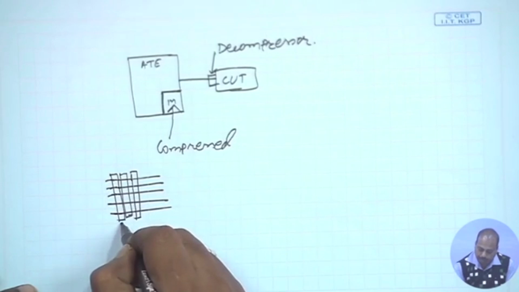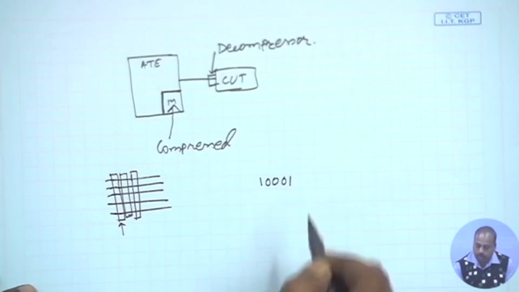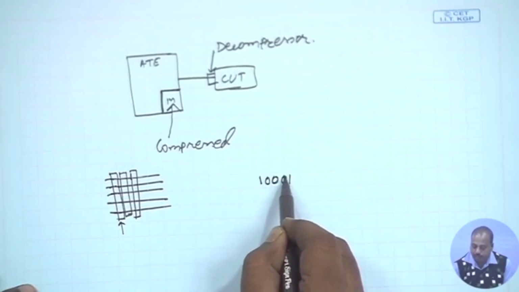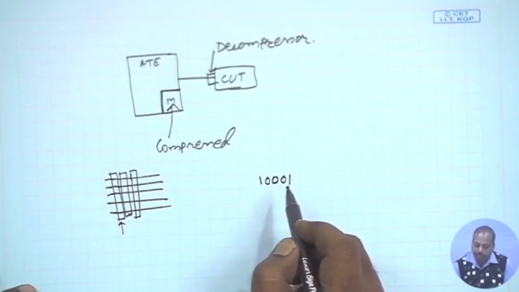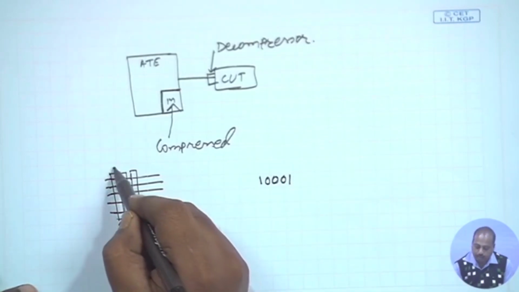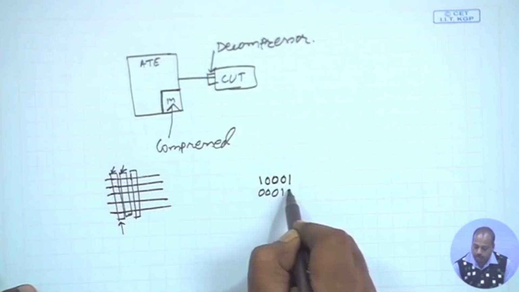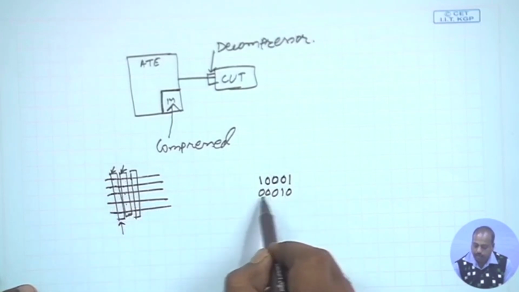If I take the first slice, maybe it is 1 0 0 0 1. That means to the first scan chain I give 1, second scan chain 0, third scan chain 0, fourth scan chain 0, and fifth scan chain 1, if there are 5 scan chains. Similarly, for the second slice, I may have 0 0 0 1 0. That is the next bit that will be fed into the 5 scan chains.